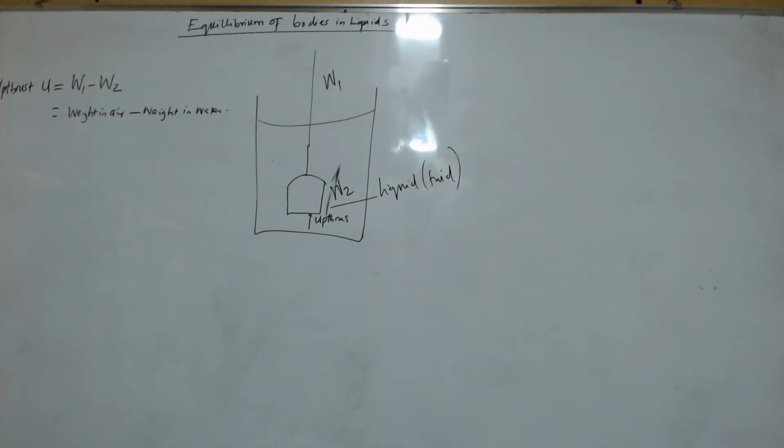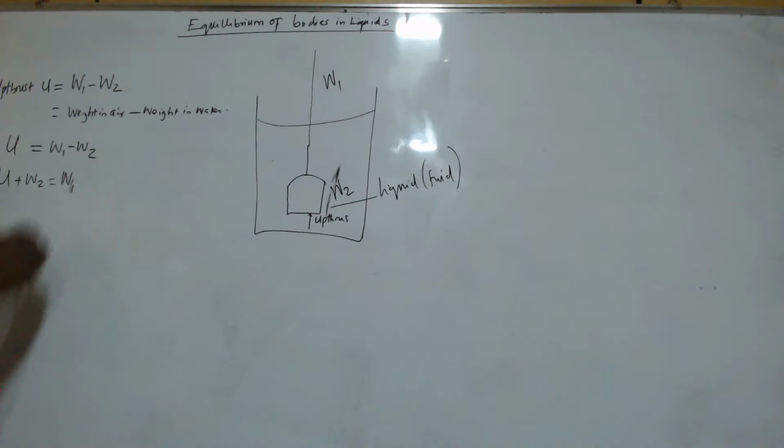Because of this effect, we experience upthrust. Therefore, upthrust is equal to W1 minus W2. So W1 will be equal to W2 plus upthrust.